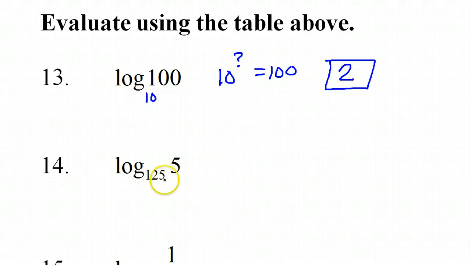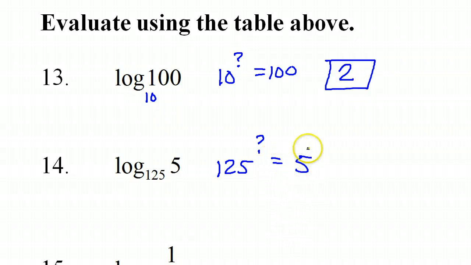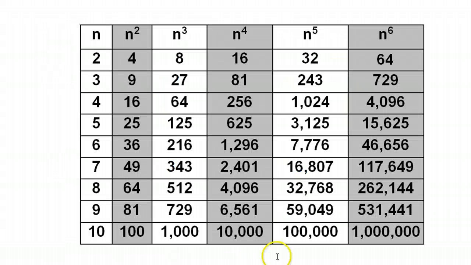Okay, looking at this problem, this is like asking the question 125 to the what power is equal to 5. Now, if we want a big number to go to a smaller number, we really need to think about some sort of a root. Okay, but is it going to be a square root? No, there's your 125.